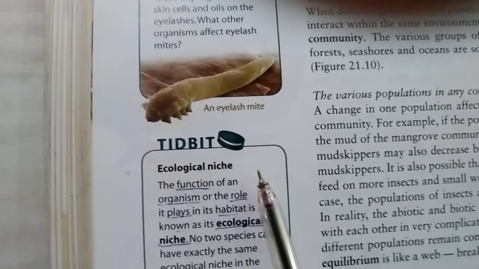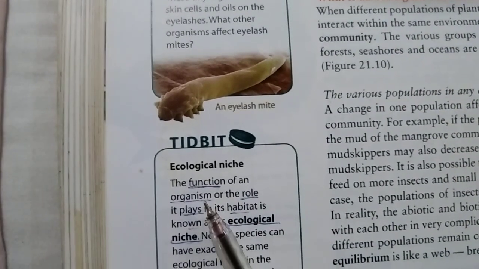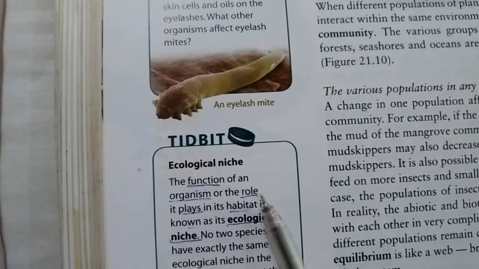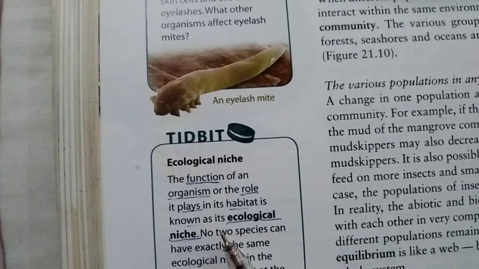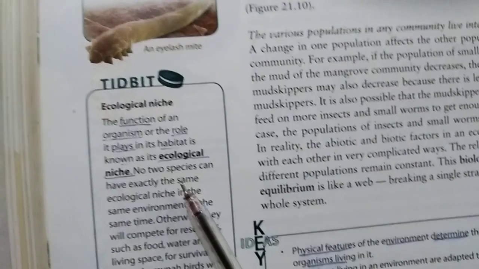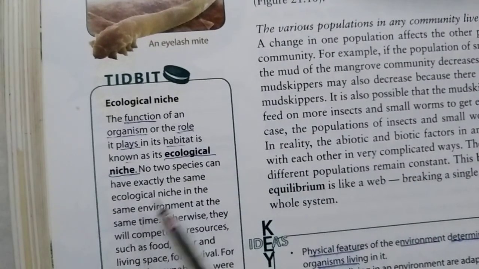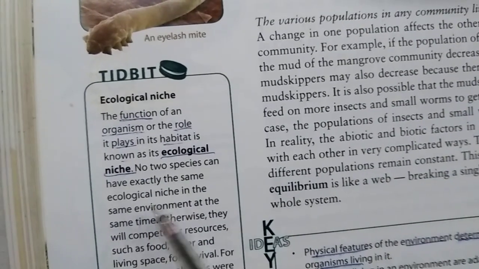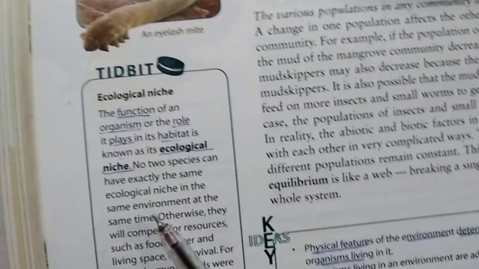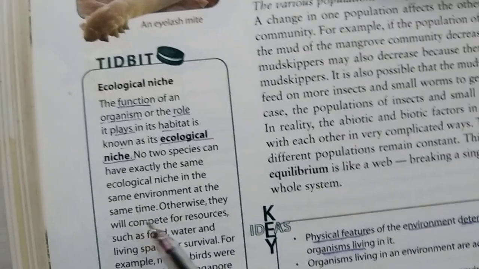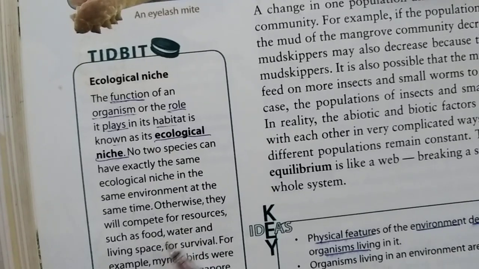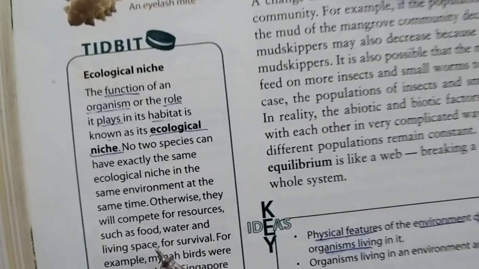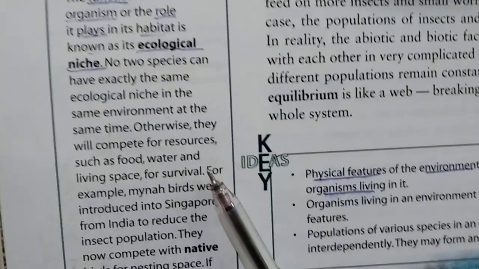Ecological niche. The function of an organism or the role it plays in its habitat is known as its ecological niche. Two species cannot have exactly the same ecological niche in the same environment at the same time. Otherwise, they will compete for resources such as food, water, and living space for survival.